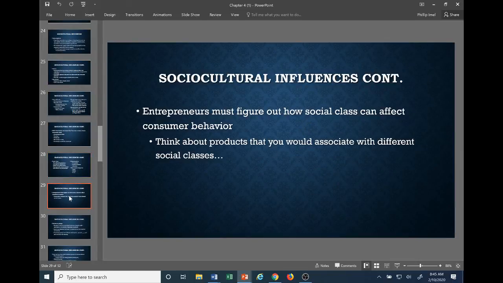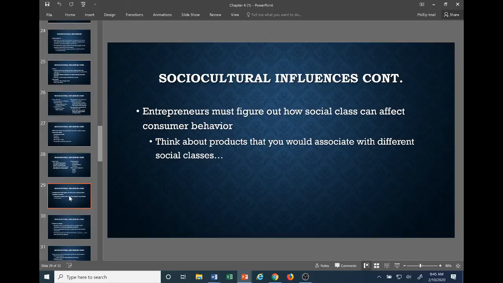So, entrepreneurs obviously must figure out how social class can affect consumer behavior. Think about products that you would associate with different social classes. Someone in the upper social class, you might expect to see people with private jets and Bentleys or Beamers or stuff of that sort, maybe being members at really prestigious country clubs or restaurants.